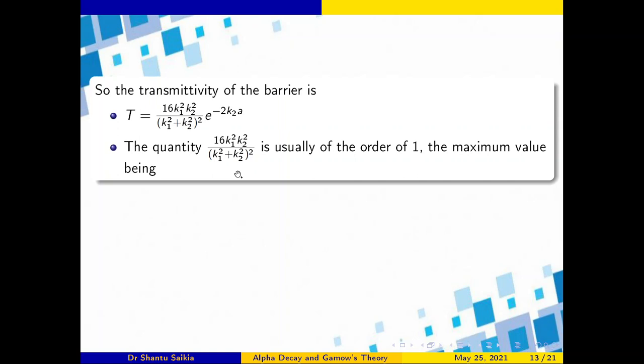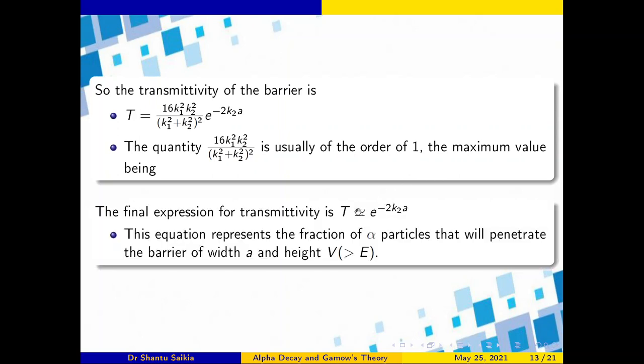If we use that for the radon nucleus also, let us say V to be around 32 and suppose E to be around 4. So it's found that the value of this is usually of the order of 1, the maximum value being 4, experimentally observed.